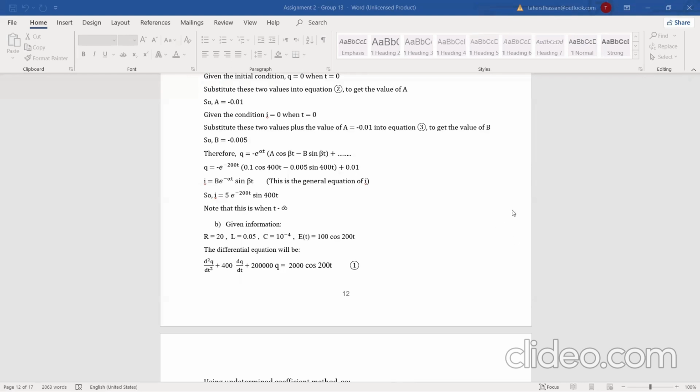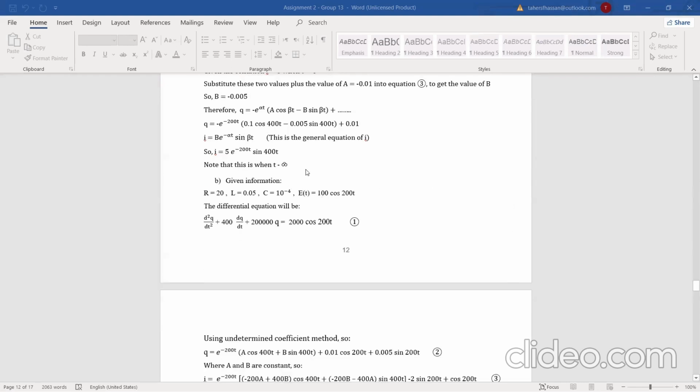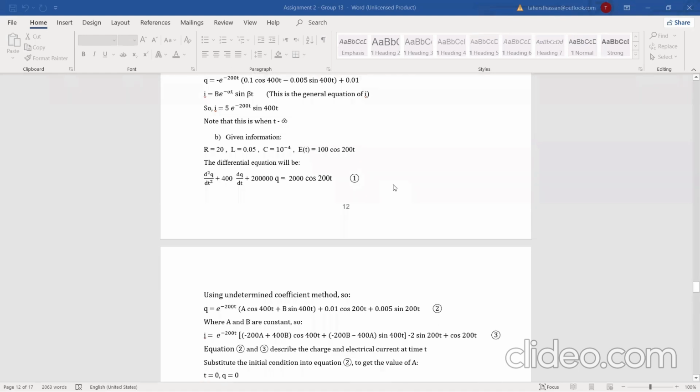And then we are going to solve B with the given information. R equals 20 ohms, L equals 0.05 Henry, and C equals 10 to the power negative 4, and then we change E(t) to equal 100 cosine 200t. The differential equation will be d squared Q over dt squared plus 400 dQ/dt plus 200,000 Q equals 2000 cosine 200t.